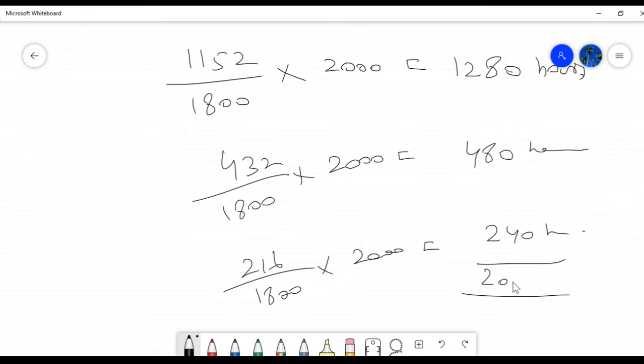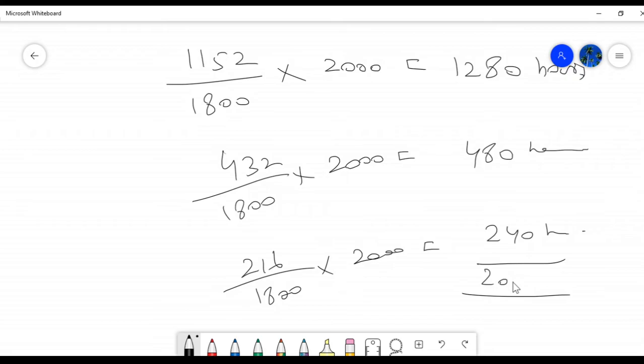1280 into 3, then 480 into 2, then 240 into 1.